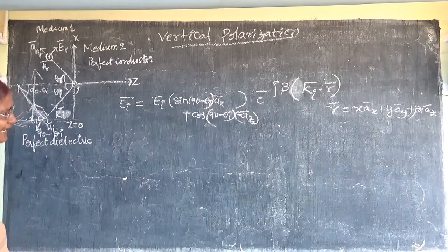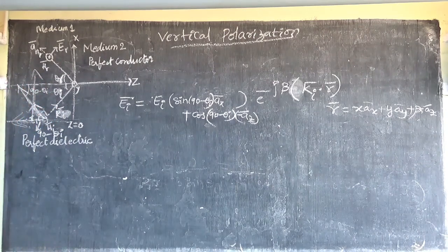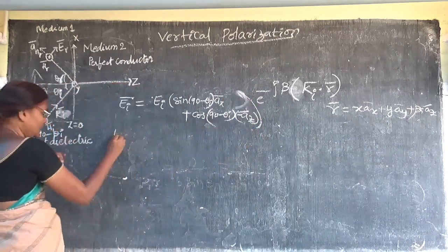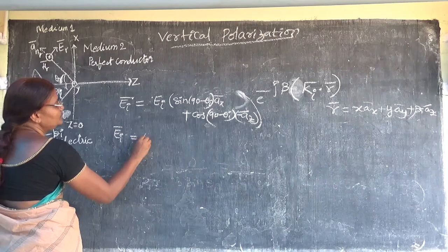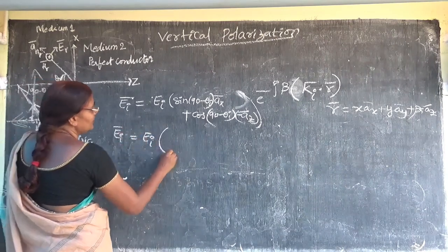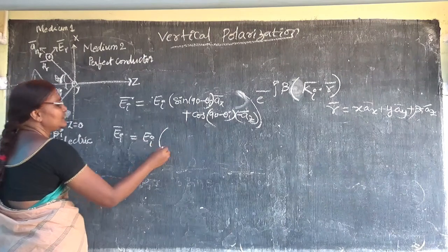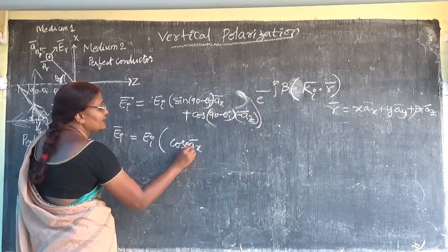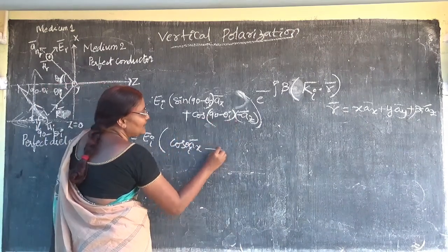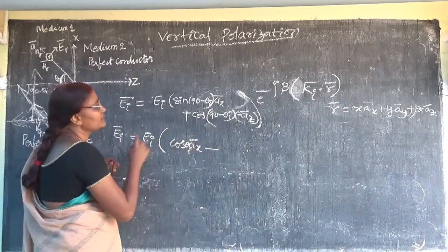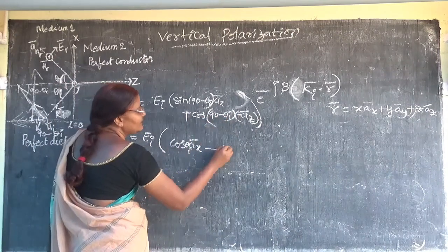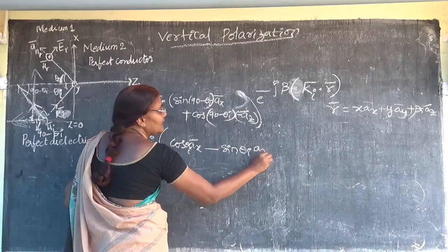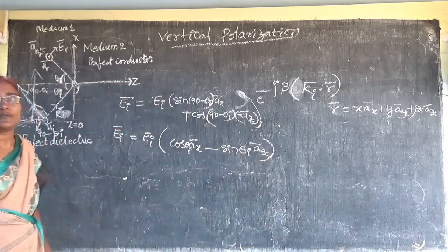So what is ki bar? I will go for the next step. So my Ei bar is equal to Ei into what is sin of 90 minus theta? Cos theta i ax bar. This minus will come out, it is not the angle minus. What is cos of 90 minus theta i? Sin theta i az bar.